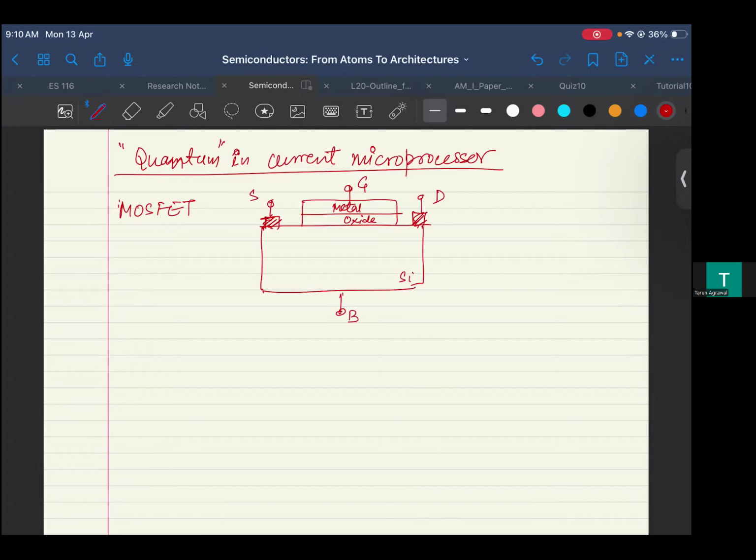Now, the question you will ask: where is the quantum in this, right? Where is quantum? And the question is, what is quantum? If we ask where is quantum, then the question is, what is quantum? And that is where we have to go back to the history of the first relation between what we see in the classical domain and the quantum domain.